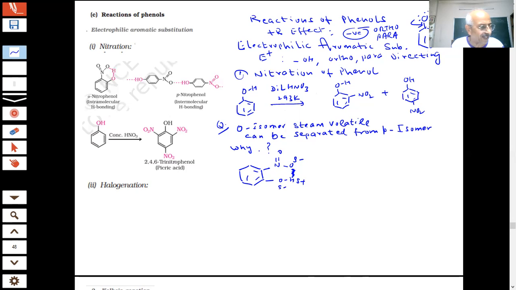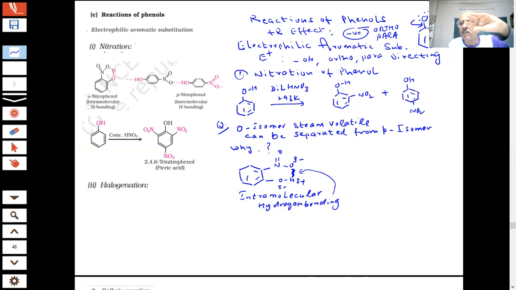Within the molecule itself, students, you can see. This is an example of intramolecular hydrogen bonding.